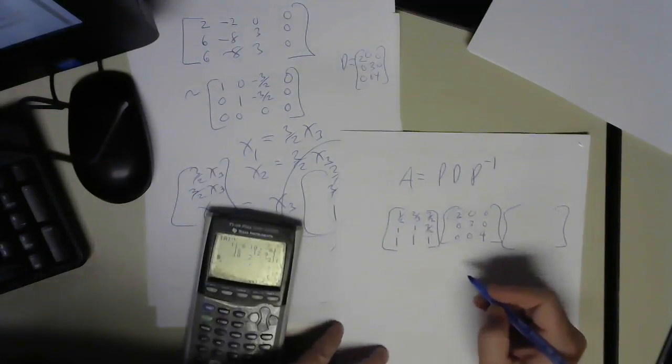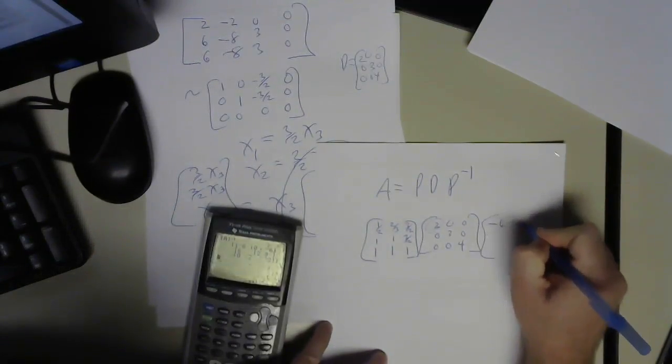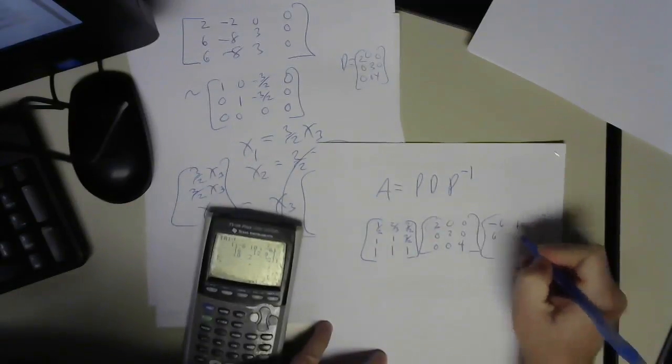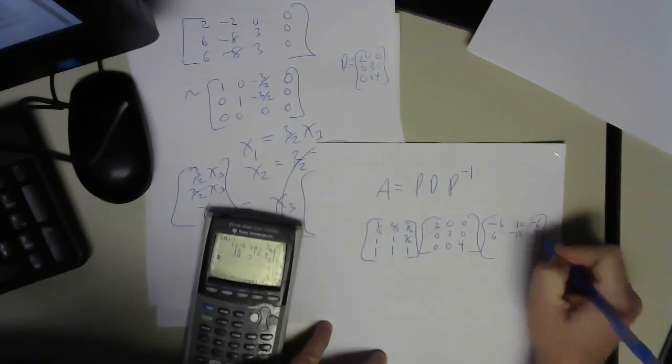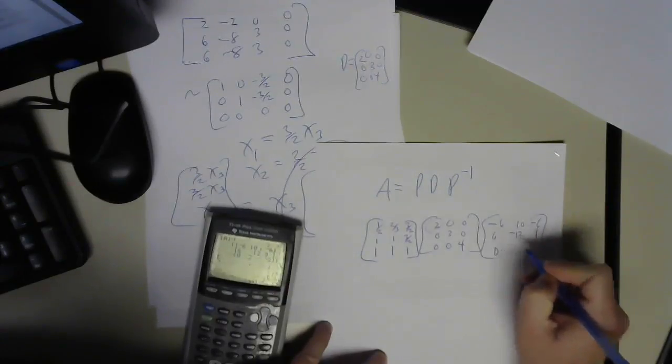Well, the inverse of this thing does exist. It's -6, 10, -6. And then this is 6, -12, 9. I just found the inverse of this thing with the calculator.